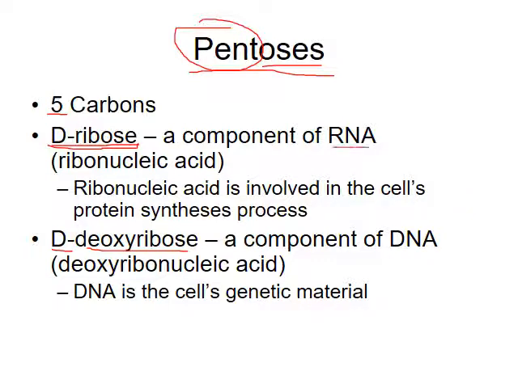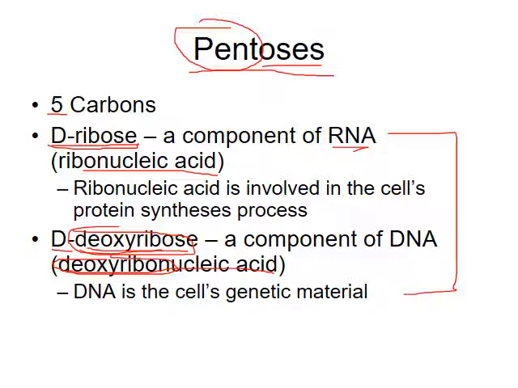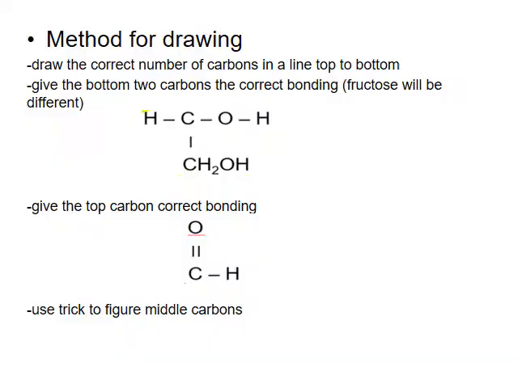Okay, you probably heard of these before. RNA, ribonucleic acid, deoxyribonucleic acid. Where do they get this deoxyribo from? This deoxyribose. So we're going to go through the structure of these 2. And we're not going to talk about their function. We'll leave that for later.